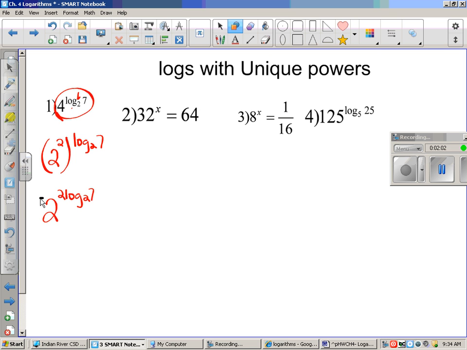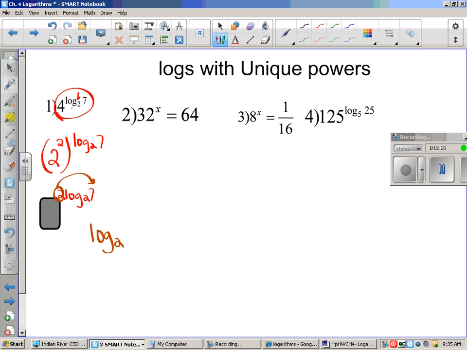If I was to cover up that 2, and we look at this question here, 2 to the log base 2 of 7, just in the lesson that we learned previously, we remember, at least I hope you do, that this 2, when we write a log, would have come from here. So in other words, this could have been written as log base 2 of 7 squared. And so now we just move that little square, and we say, okay, so then that means that 2 was written here.